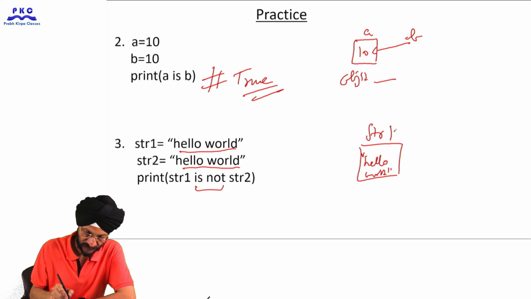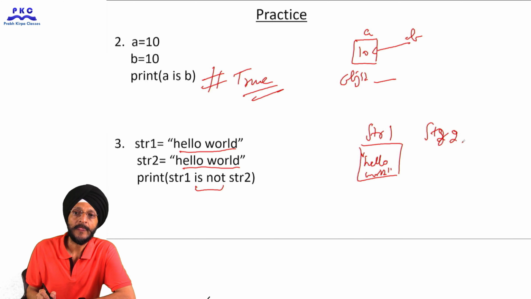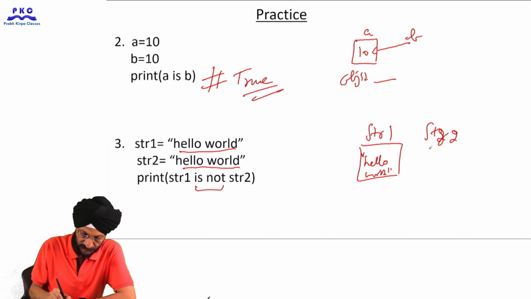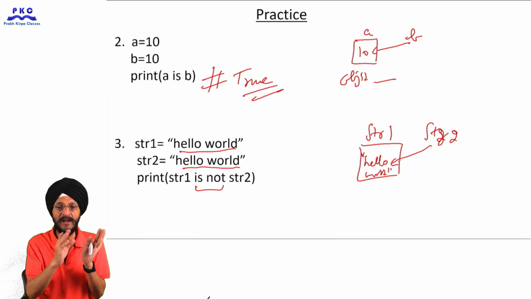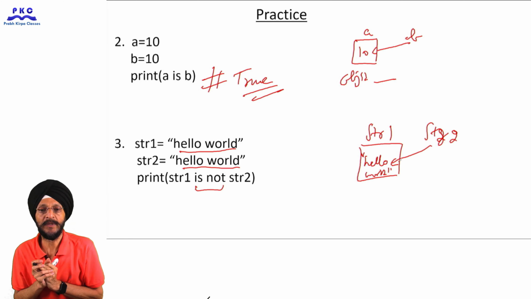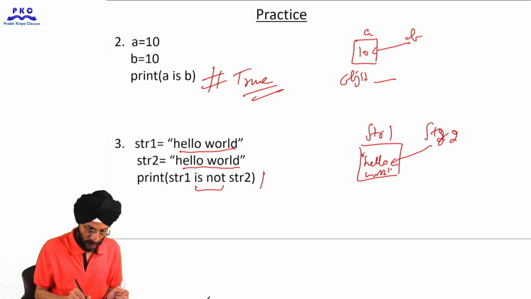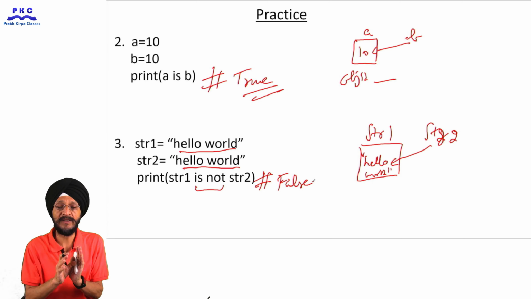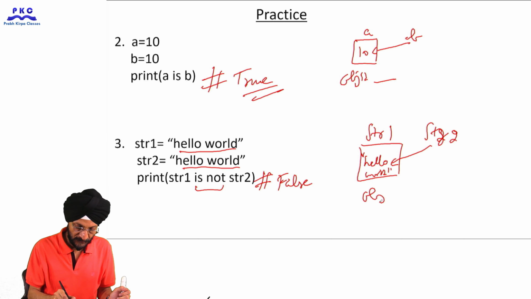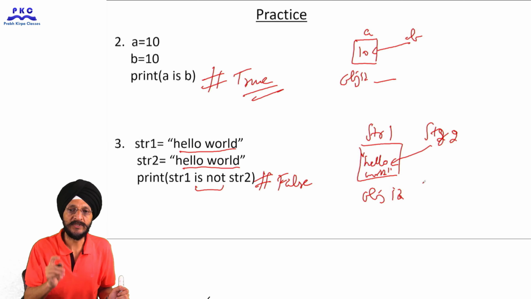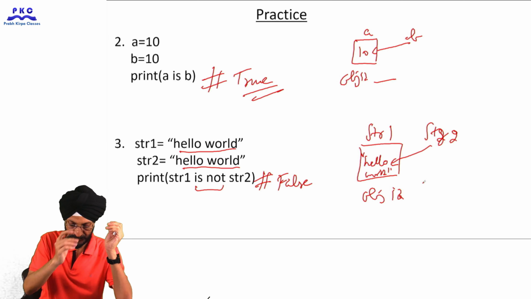When str2 is created, it will not refer to another object in the memory, rather it will refer to the already existing object in the memory. So the output is false because both str1 and str2 refer to the same memory address, or refer to the same object in the memory.